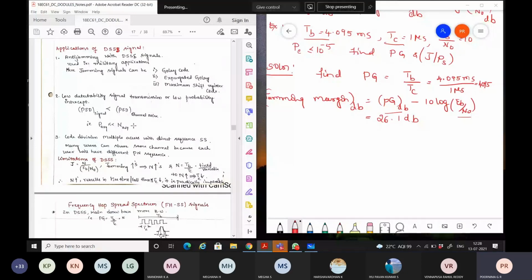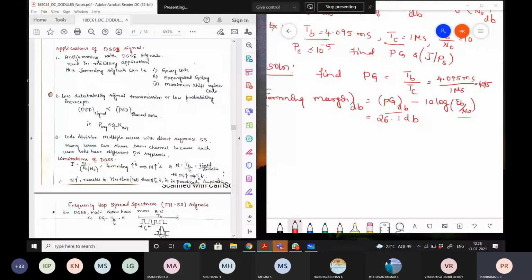If the power spectral density of the signal is lesser than the channel noise, low detectability is achieved. The average power of this signal must be very much less than the noise power. Then low detectability signal transmission is possible.